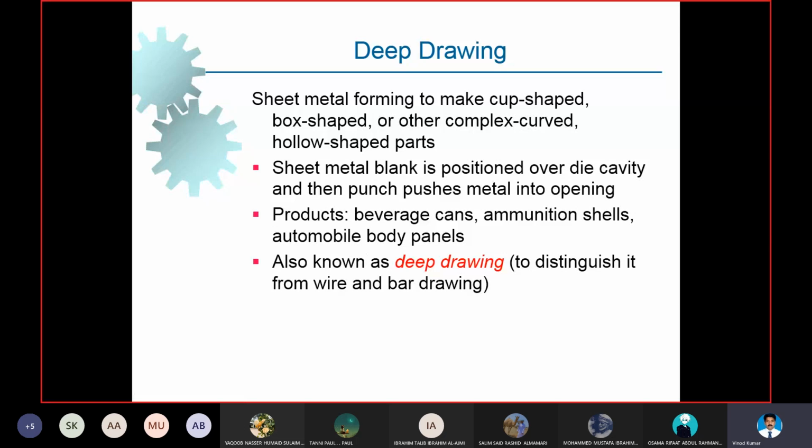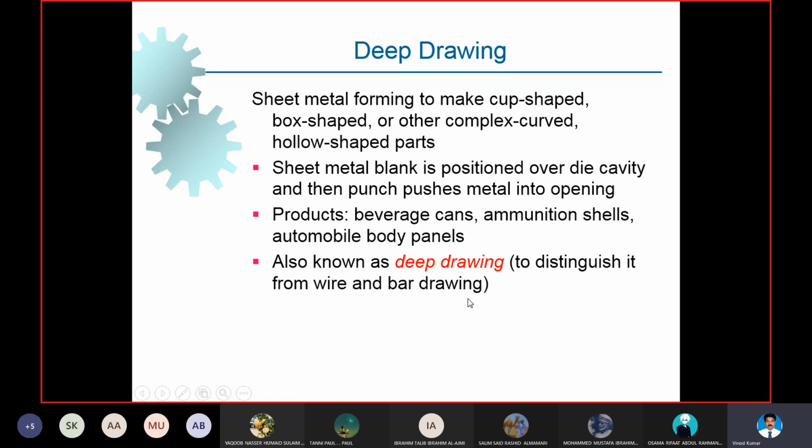Wire and bar drawing are similar to extrusion, where we pull the material through a die opening, but deep drawing is a slightly different process where we produce complicated or complex curved shapes or hollow parts by applying a force.